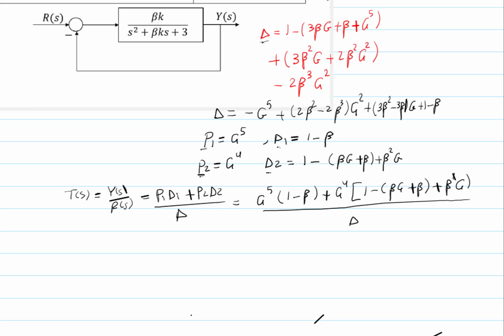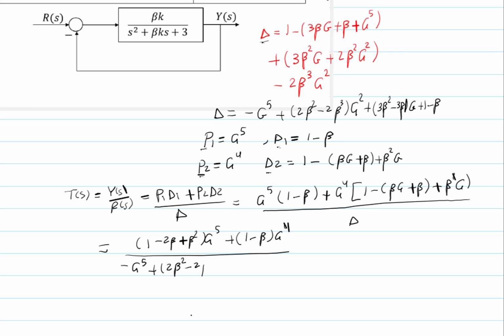If we rearrange it and collect the terms, we will have 1 minus 2 beta plus beta square G to the power 5 plus 1 minus beta G to the power 4 over the determinant, which was minus G to the power 5 plus 2 beta square minus 2 beta cube G to the power 2 plus 3 beta square minus 3 beta G plus 1 minus beta.